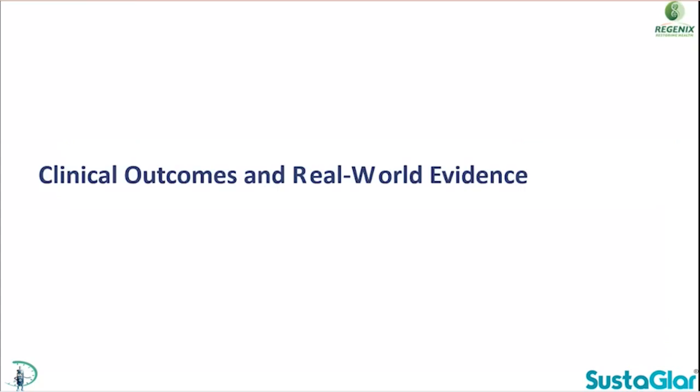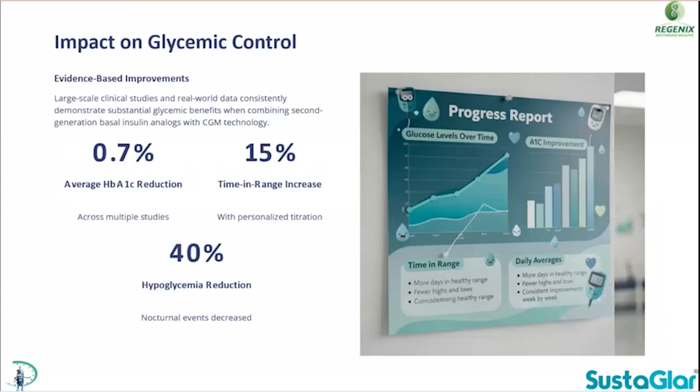Real-world evidence also shows an HbA1c improvement of 0.7% with early insulin intervention. Apart from that, CGM data shows a 15% improvement in time in range and a 40% reduction in hypoglycemic events. Particularly, nocturnal hypoglycemic events decrease when they use the CGM data and adjust the insulin dose accordingly.